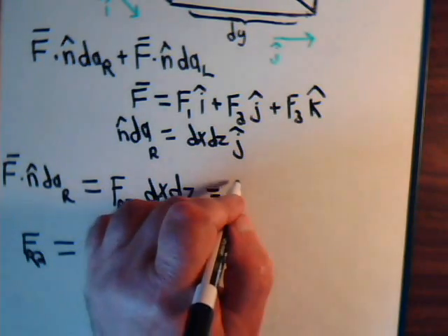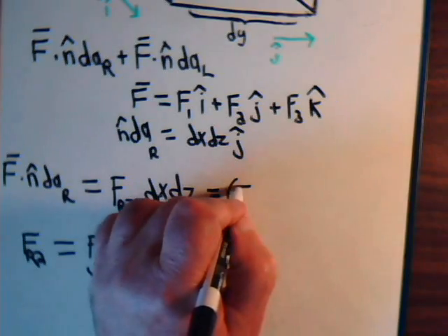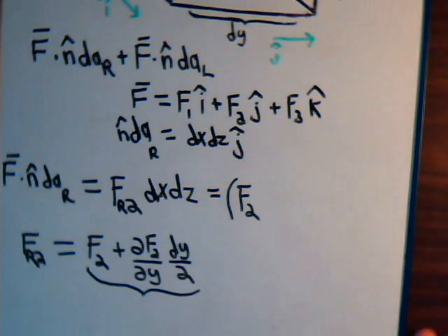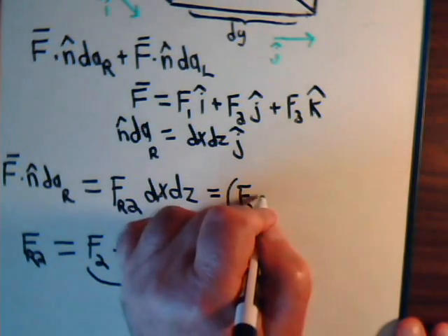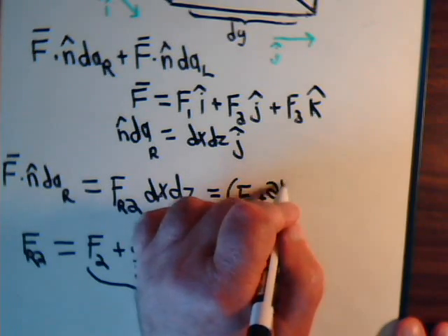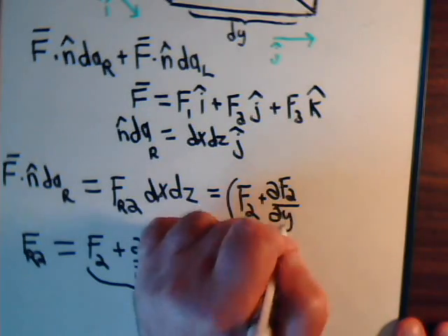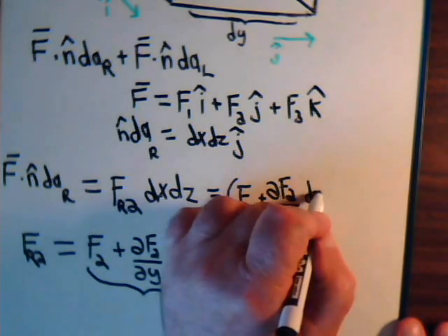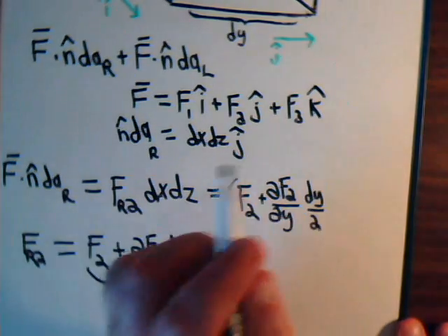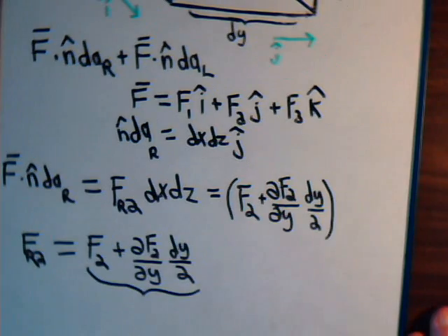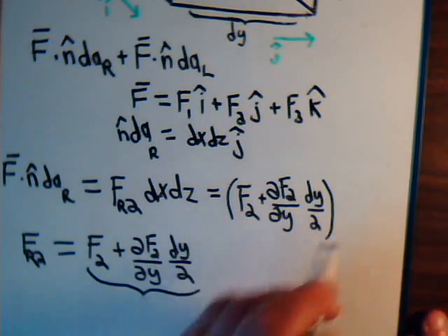So we have F2 plus the partial of F2 with respect to y, dy over 2, times dx dz.